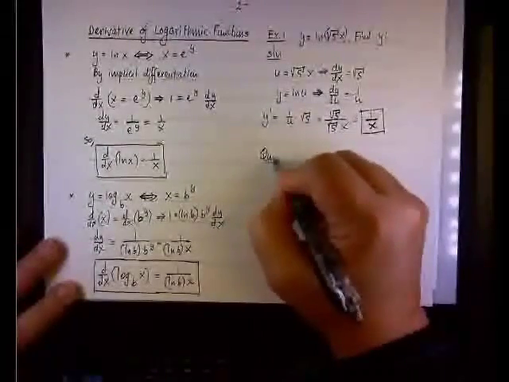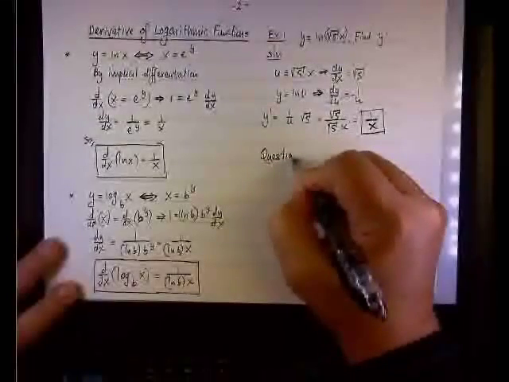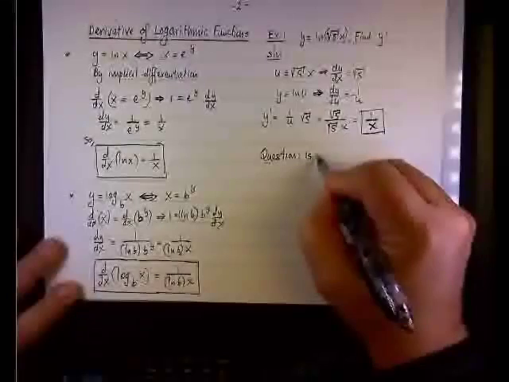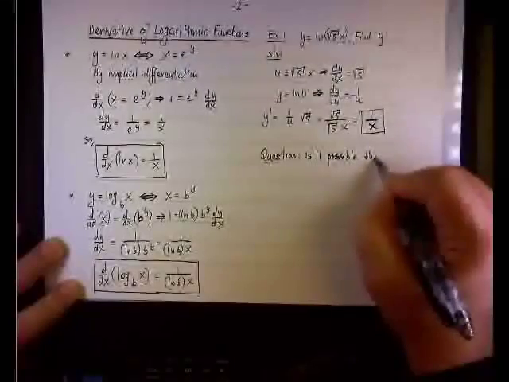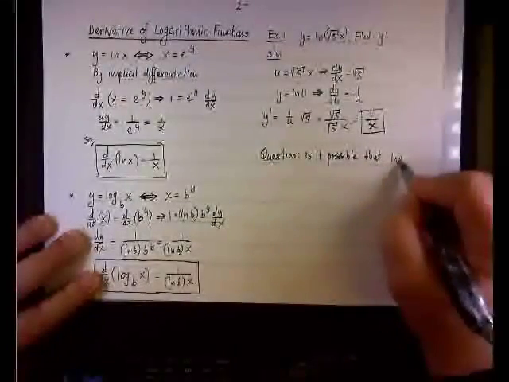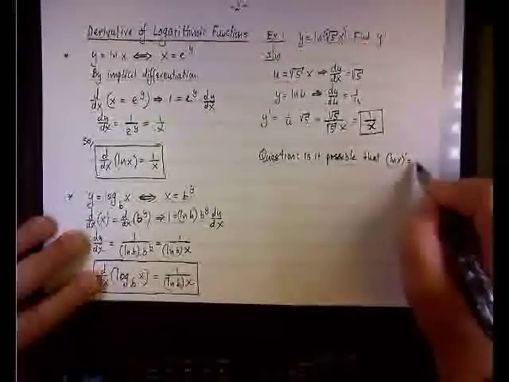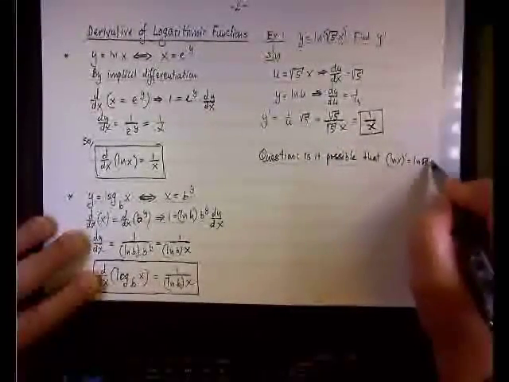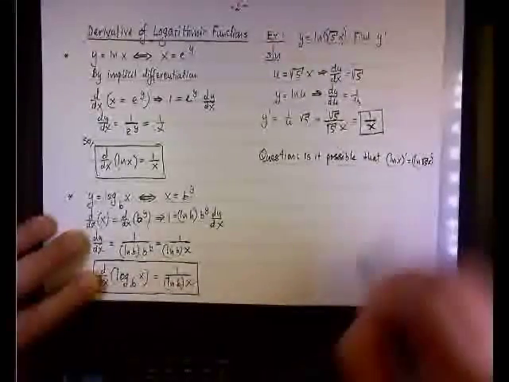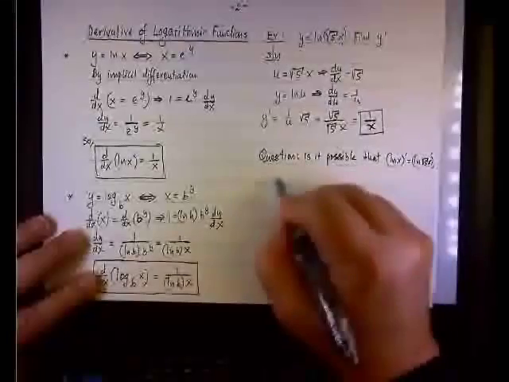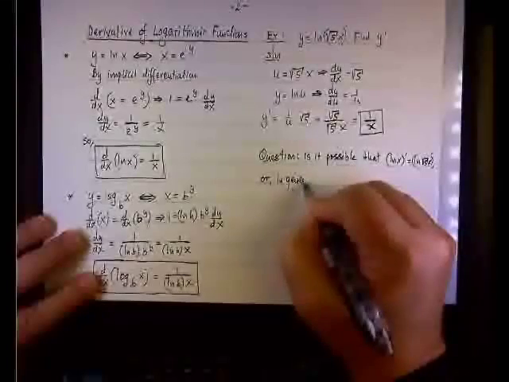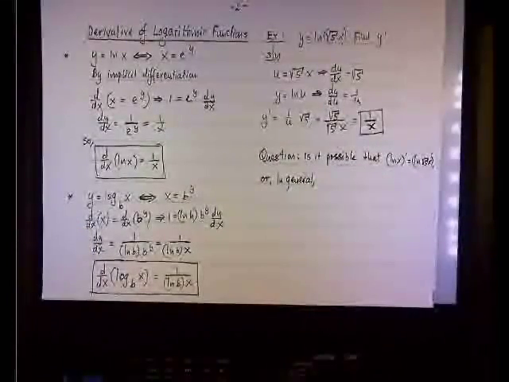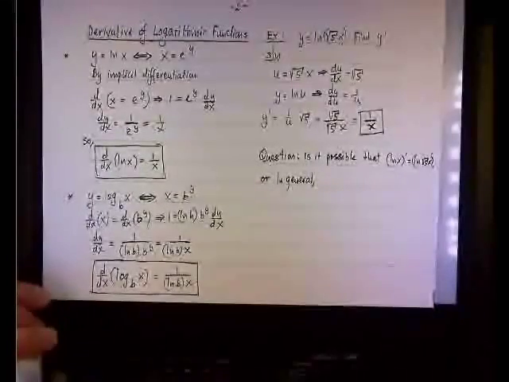So here's the question. Is it possible that the derivative of the natural log of x, like so, is the same as the derivative of the natural log of square root of 5x, right? Or in general, I'm going to generalize it.